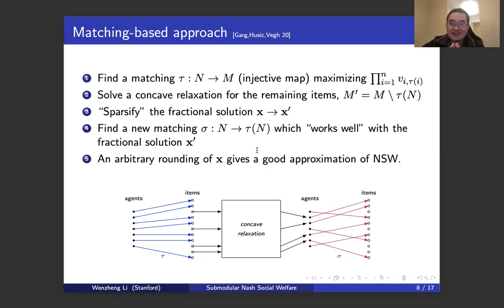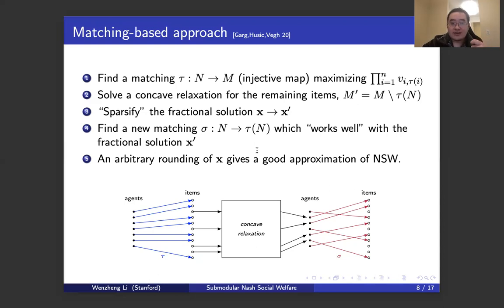That's an intuition. In the real algorithm, for some technical reason, we still need step 4 to recompute the matching. But at least we can see that at a high level, this approach doesn't depend too heavily on the class of the valuation function.